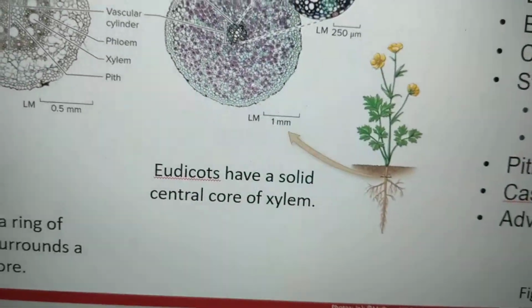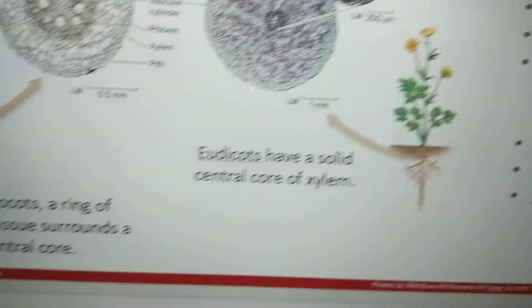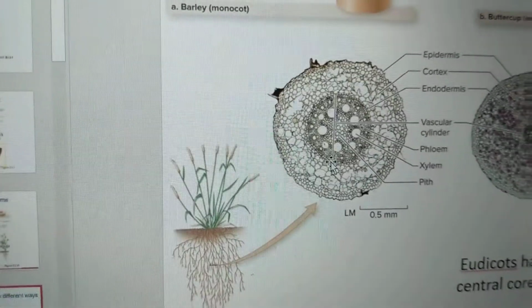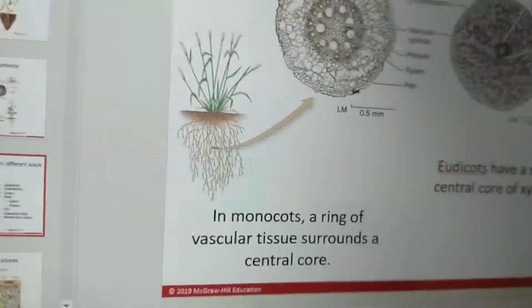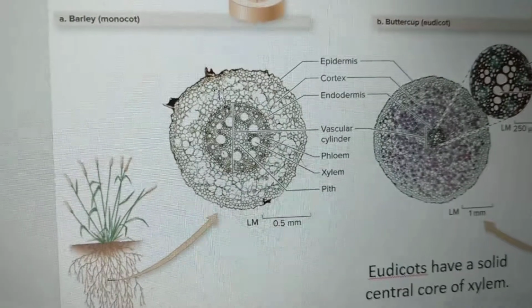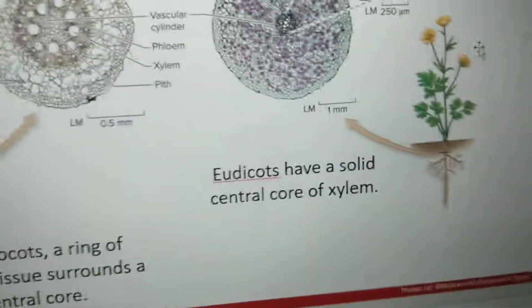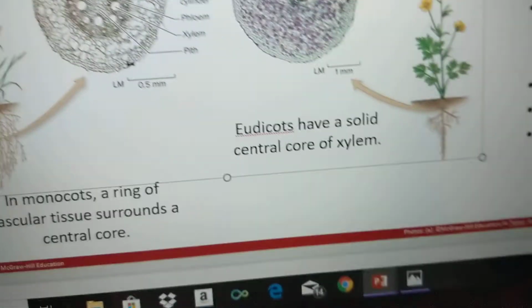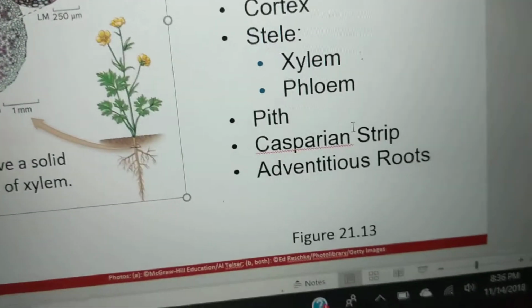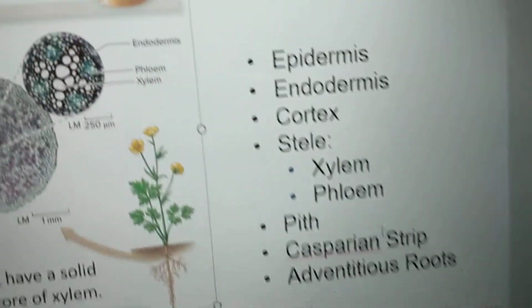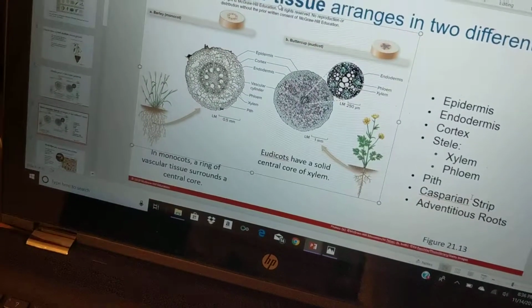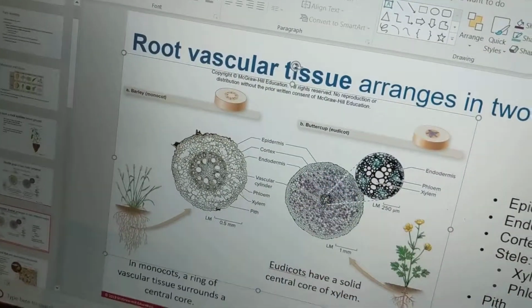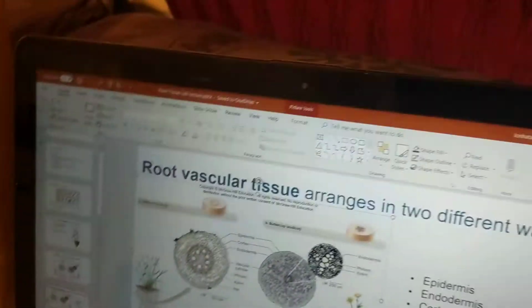Now, one thing to know is if you see in the lab exam that the border is pink, that border is called the Casparian strip. The purpose of that is so when water goes into the roots, it's regulated by the Casparian strip, which is like a gasket. It's watertight.